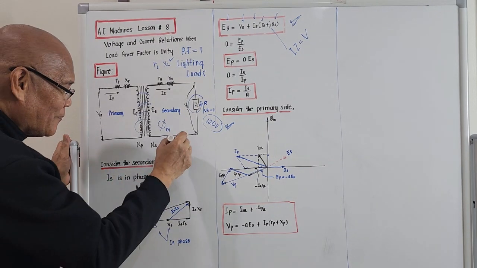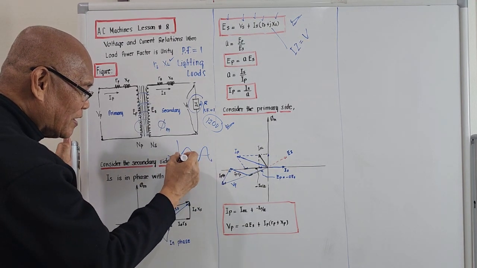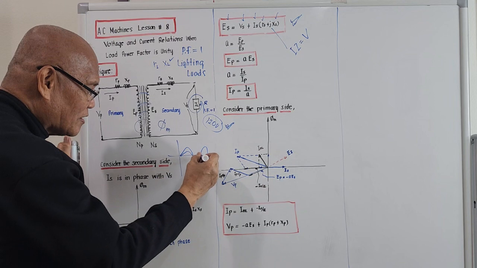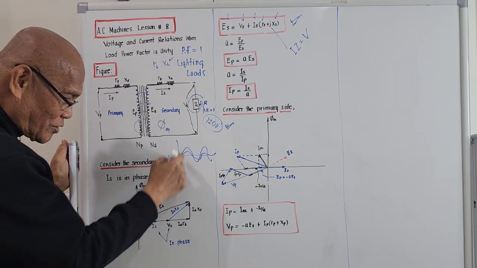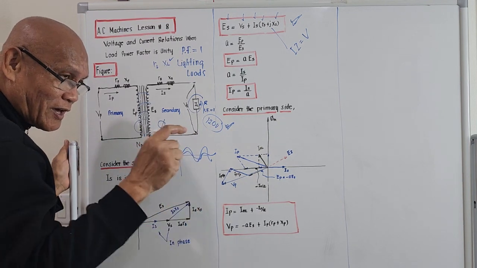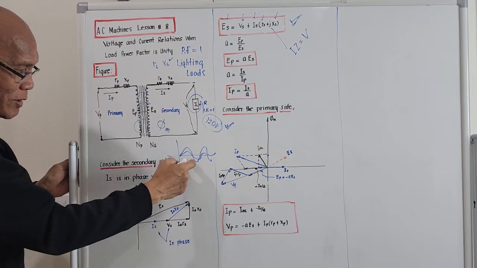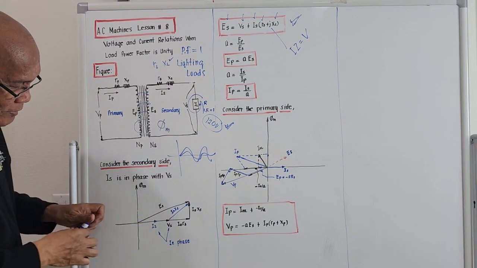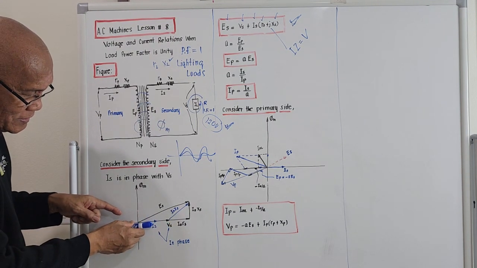If you try to take the graph, if this is the voltage, the current is still like this. They are in phase. When one goes up, the other goes up. When one goes down, the other goes down. But vectorially, this is BS, and the smaller arrow is actually IS.